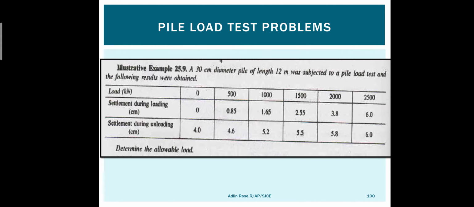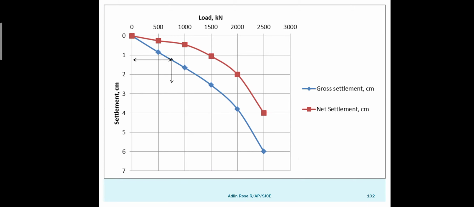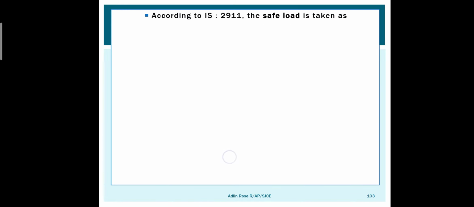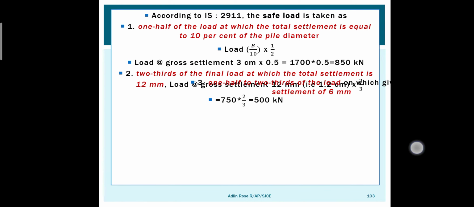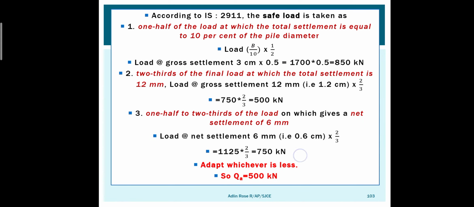If gross settlement and net settlement are not given in the question, then in these methods where we say corresponding to net settlement, corresponding to gross settlement, they are simply settlement. If only load and settlement are given directly in the question, you take everything as settlement. In that same curve you should find everything for the three cases. Okay, so that you should remember.